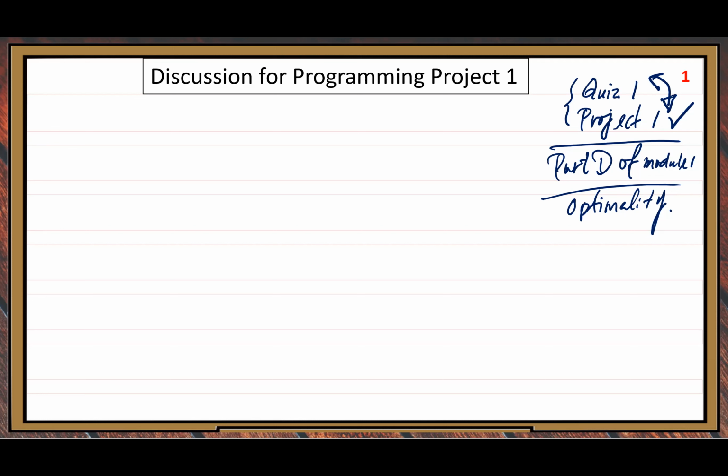Then quiz number 1. Yes, we met. Just a minute. Because for this class, algorithm class, we use Tuesday and Thursday to deliver the lecture, right? Then remember, this coming Monday is the Labor Day holiday.